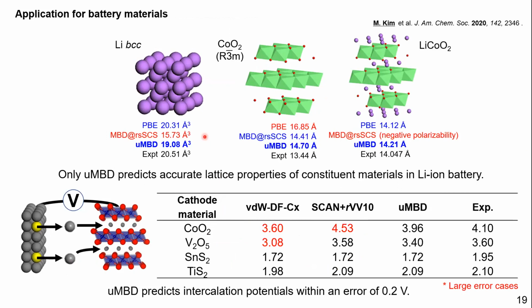So finally, we try to reproduce the real chemical reaction energies, such as the intercalation reaction in the lithium-ion battery, where the metal interaction, van der Waals interaction, and ionic interaction are important. So these diverse types of interaction are very important.